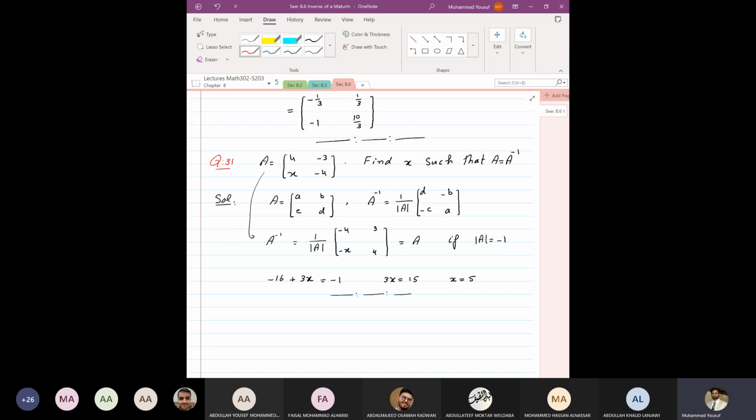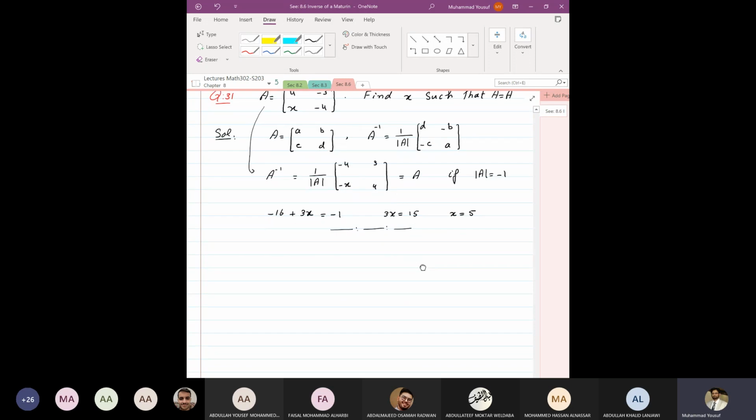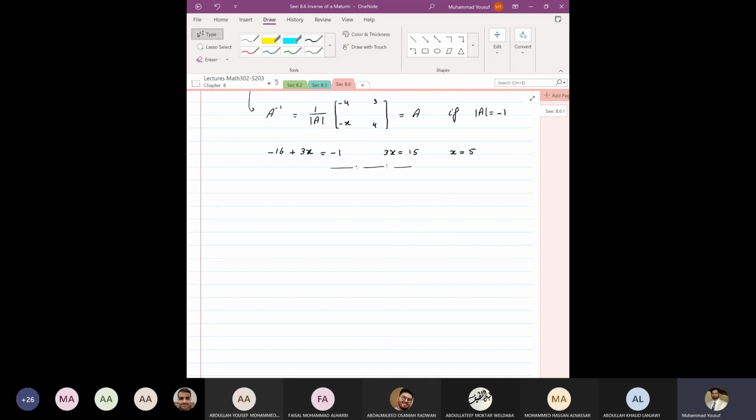There is one definition you need to know and remember: A is said to be orthogonal if A inverse is equal to A transpose.